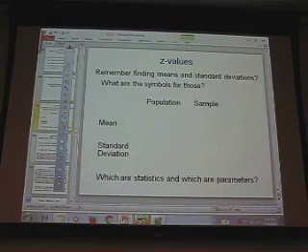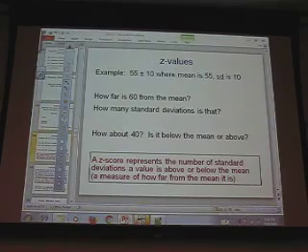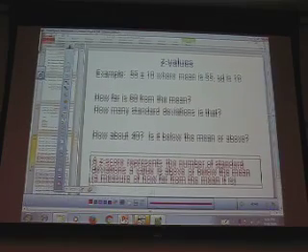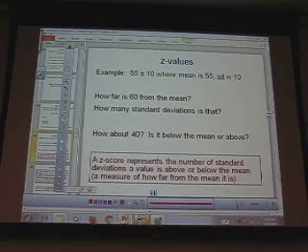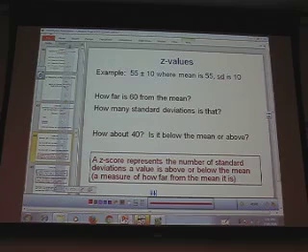All right. Z values. So here's an example: 55 plus or minus 10. That means, in general, that the mean is 55 and the standard deviation is 10. What's my mean? 55. Can you guys read that? How far is 60 from the mean? 5 away.